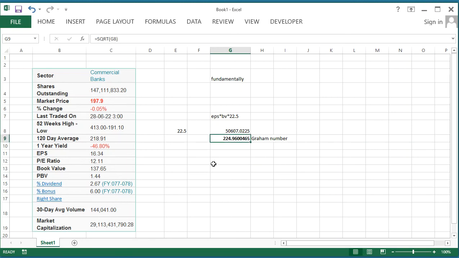Graham's number over here is 224.96, let's say 225, and the market price is 197. So this means this is a good company to invest in. You get the value of 224 at the price of 197. So yeah, that's what it means.